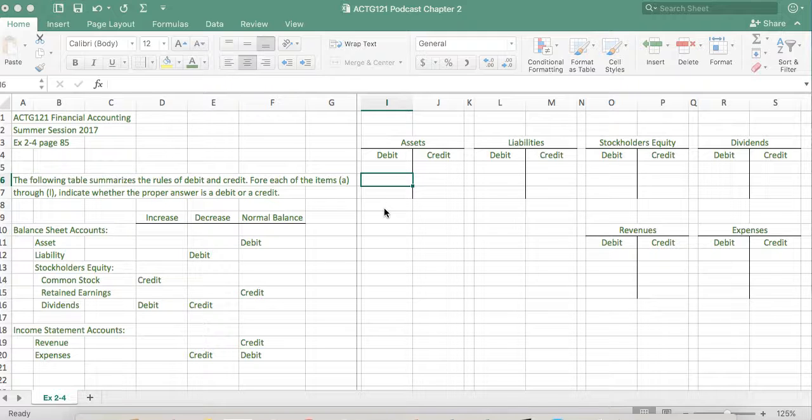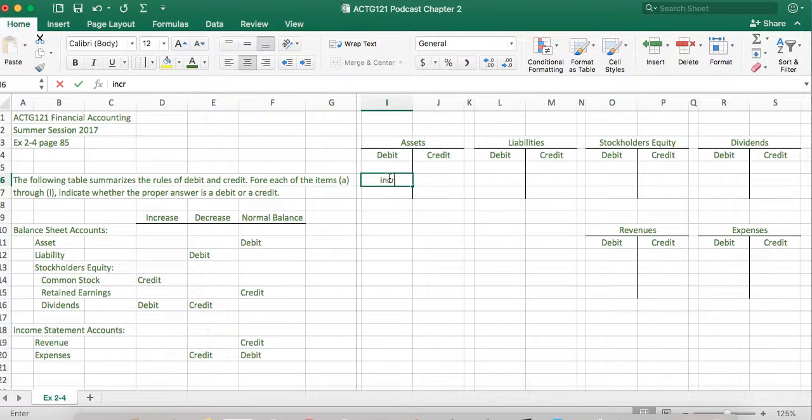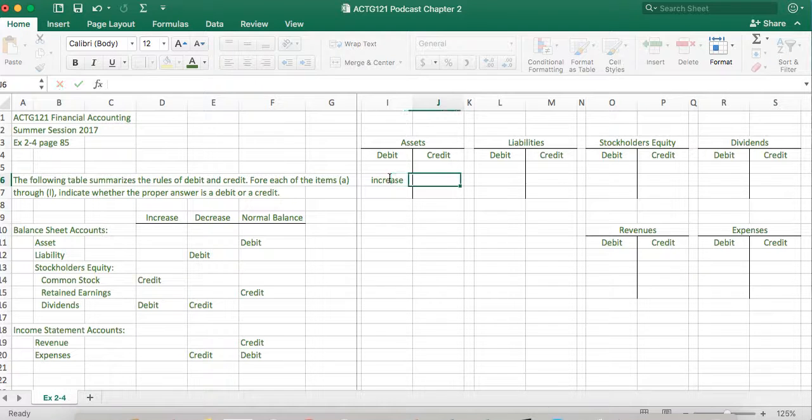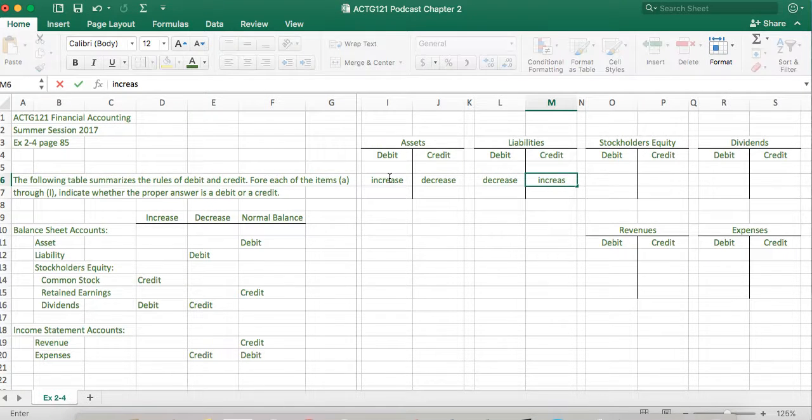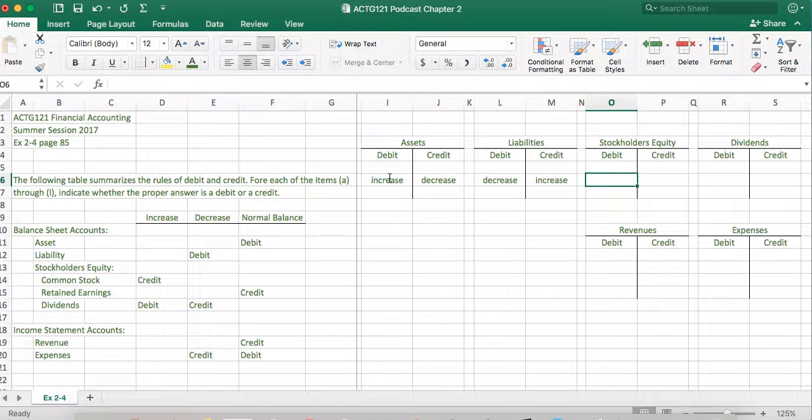The category of assets increases with a debit and decreases with a credit. Now, liabilities will decrease with a debit and increase with a credit.